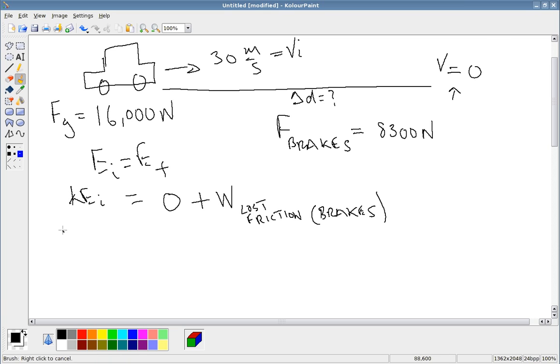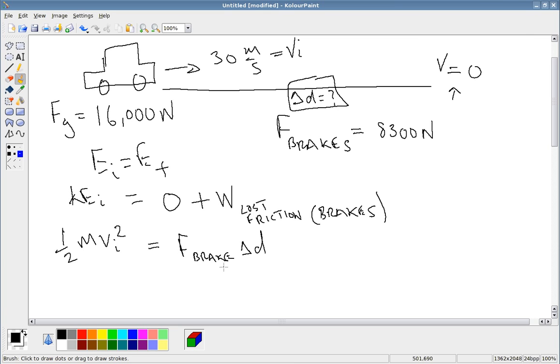Initial kinetic energy is 1/2 m v initial squared, and the work done is equal to the braking force times the distance which it traveled, which is delta D. And by the way, delta D is what we're trying to find out here. That's what we're looking for.